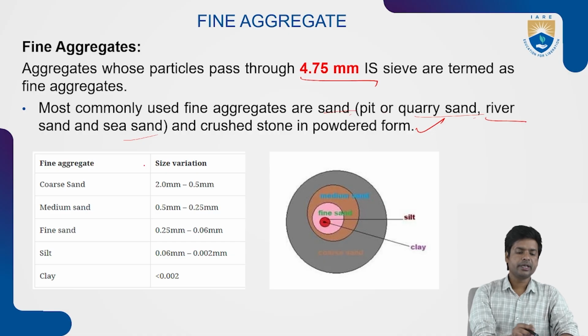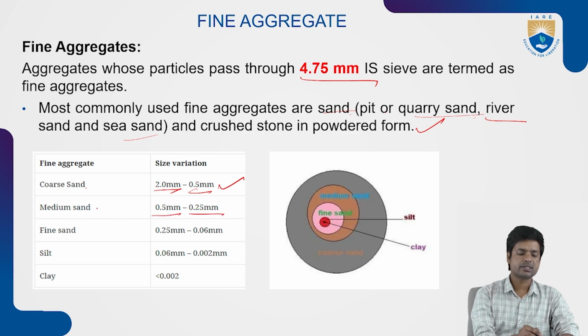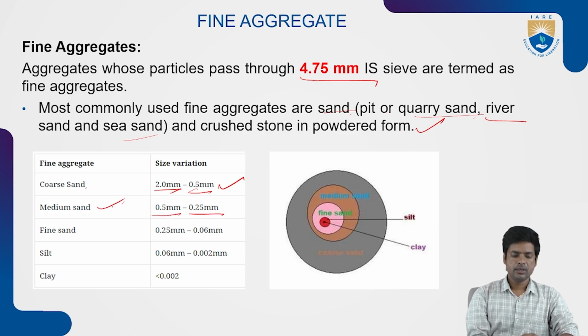Next, based upon the size of the fine aggregate, we have divided this material into different sands. The first one is coarse sand, which has a size from 0.5 to 2 mm. If the size is 0.25 mm to 0.5 mm, that is termed medium sand.